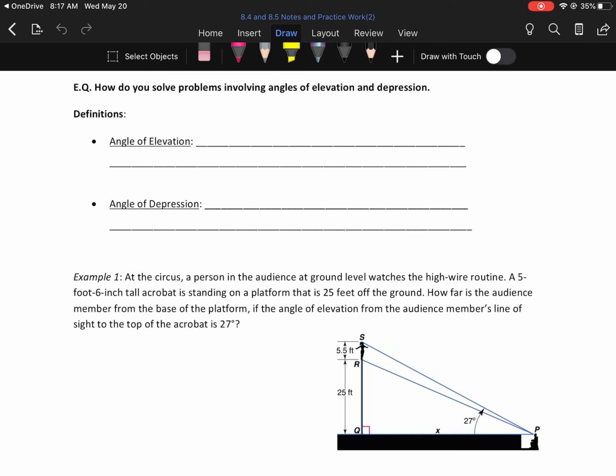All right, section 8.5 is dealing with angles of elevation and depression. So the first thing we need to figure out is what is an angle of elevation and what's an angle of depression.